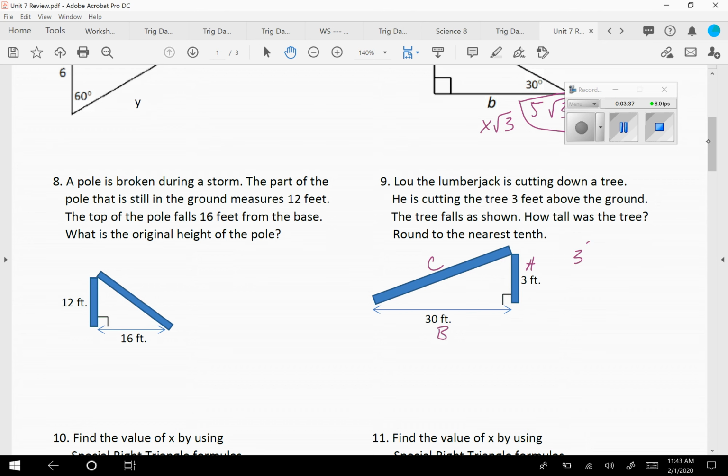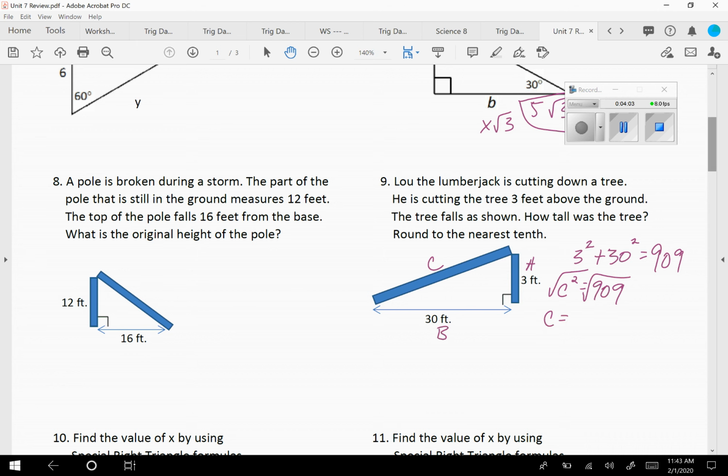So 3 squared plus 30 squared equals 909, I believe. Yes. And that's c squared. So c squared is 909. But notice this is labeled c, not c squared, so you have to take the square root.